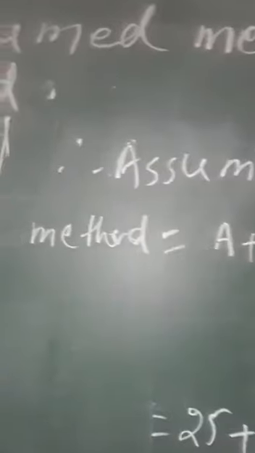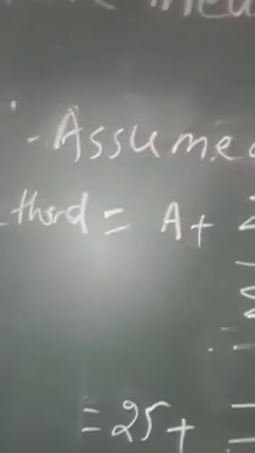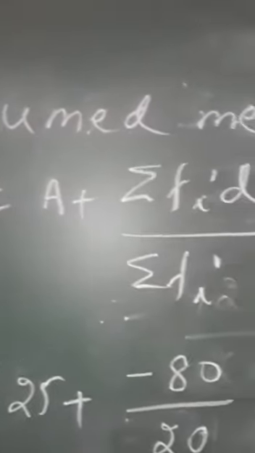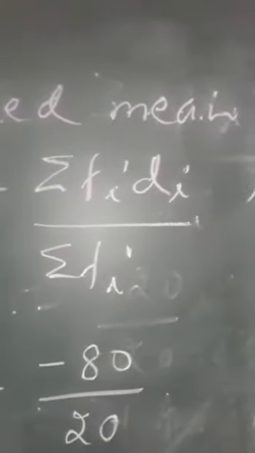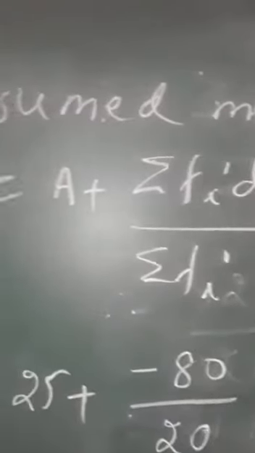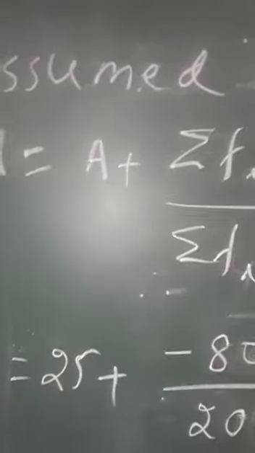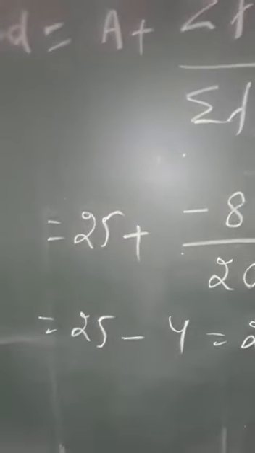Now the formula to find out the assumed mean method is A plus summation fi di divided by summation fi. Whatever the value we have obtained as assumed mean, that will be substituted with the formula.